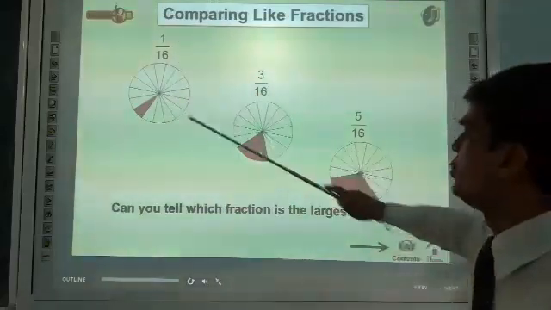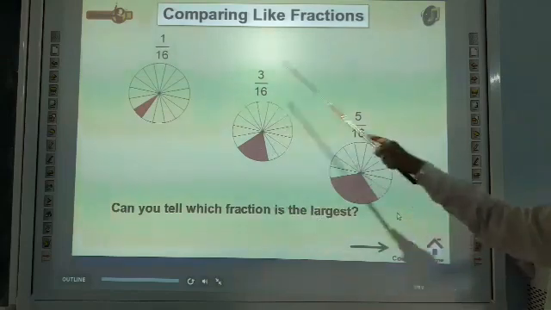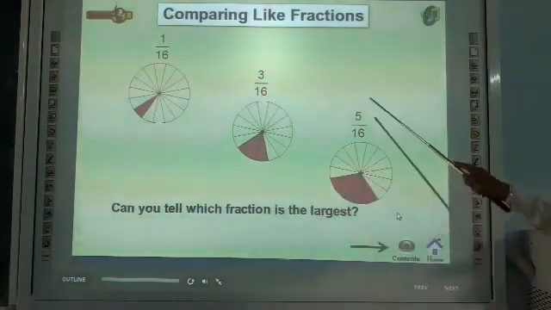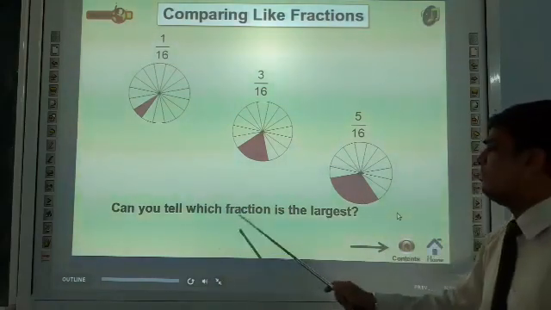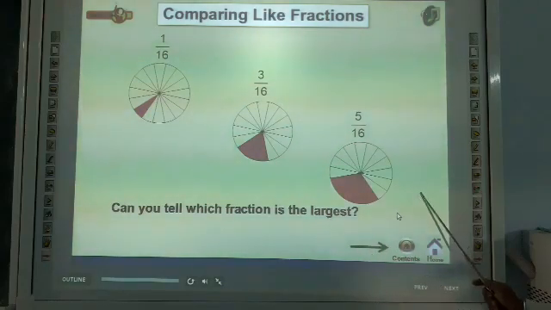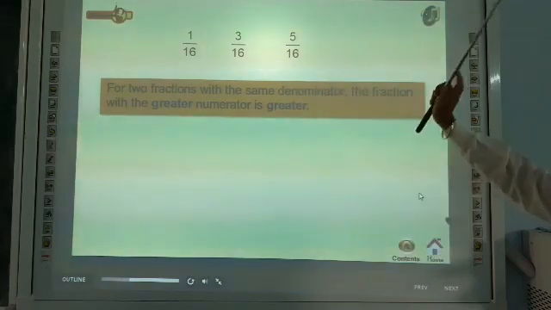Fraction is 1 upon 16. Shaded part 3 and number of parts 16, 3 by 16. Shaded part 5 and number of parts 16, 5 upon 16. Can you tell which fraction is the largest? 1 upon 16, 3 by 16, 5 upon 16.